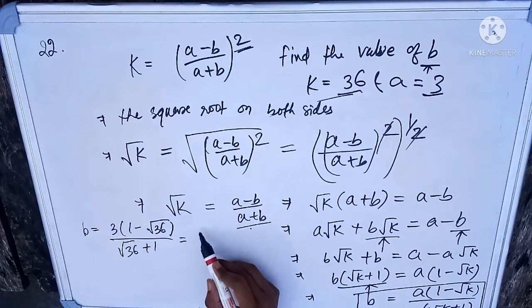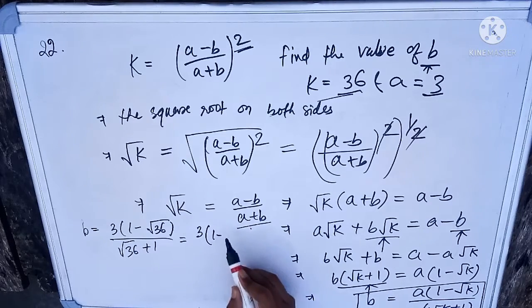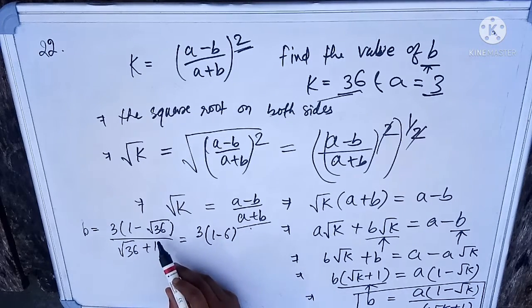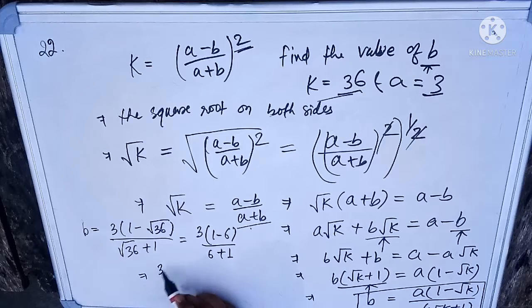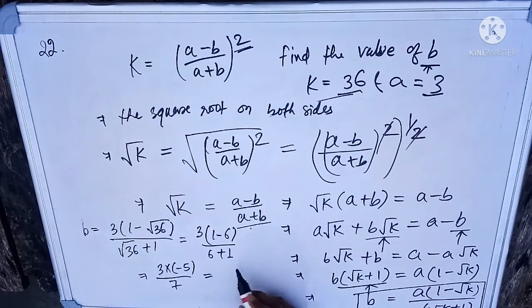So this we can write as 3 multiplied by (1 minus 6), because the square root of 36 we get as 6, and here 6 plus 1. So we have 3 multiplied by minus 5 divided by 7. And this can be written as minus 15 by 7. So the value of b is equal to minus 15 by 7 in this question. Now the answer in your book is given as minus 70, which is not the correct answer.